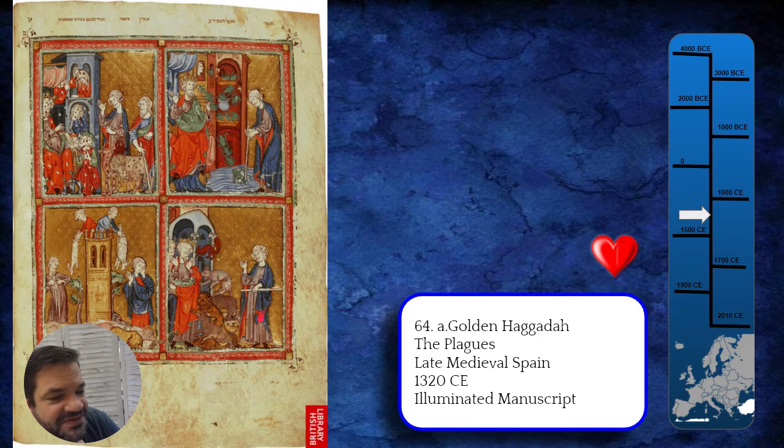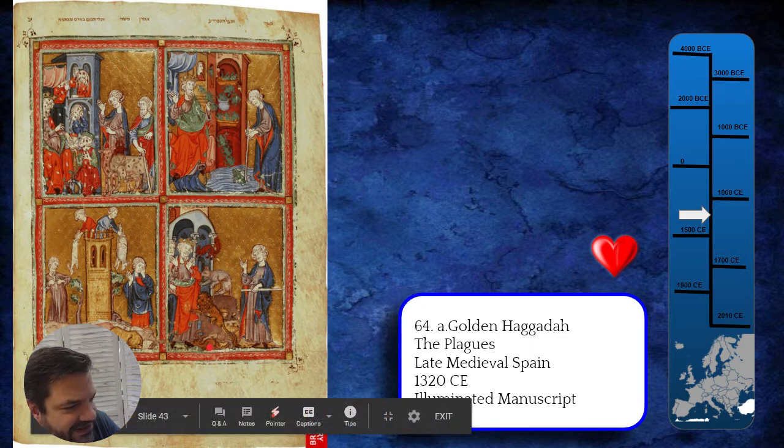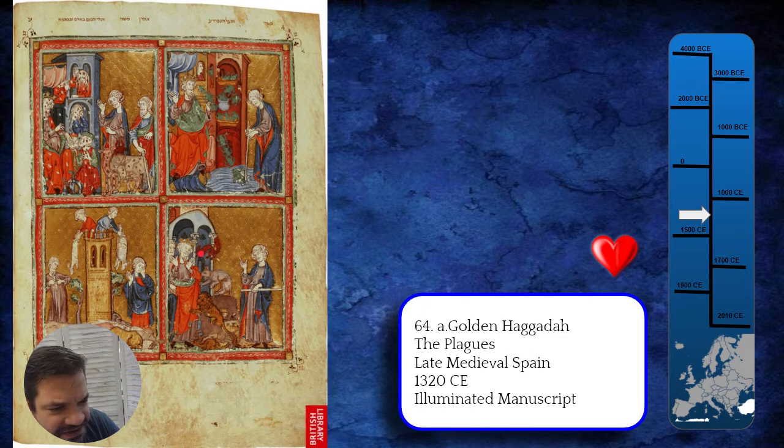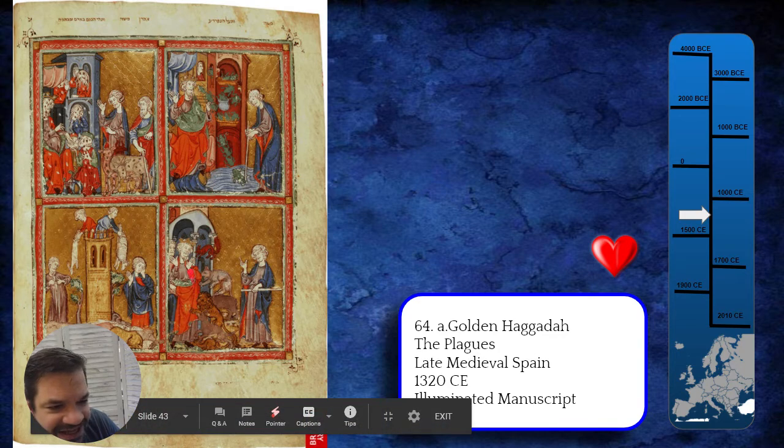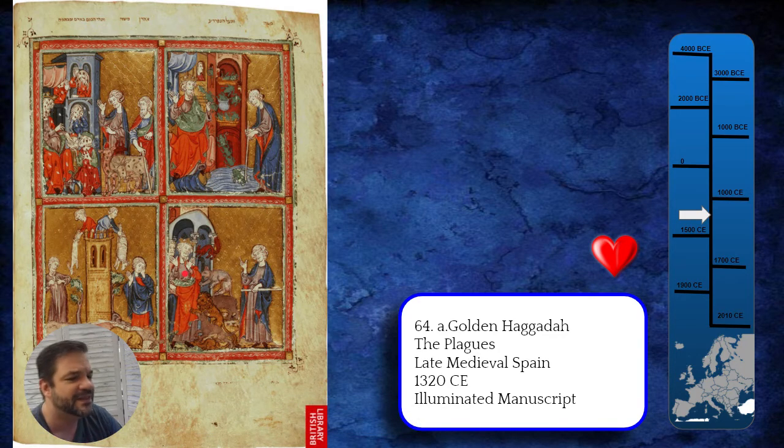The guy standing up is Moses, and he's got his staff. In this one I'm not sure which plague this is supposed to be, because it just looks like wild animals, like here's a squirrel and here's a bunny and here's a lion, and they're all kind of attacking him. I'm not sure what plague this is supposed to be, honestly.